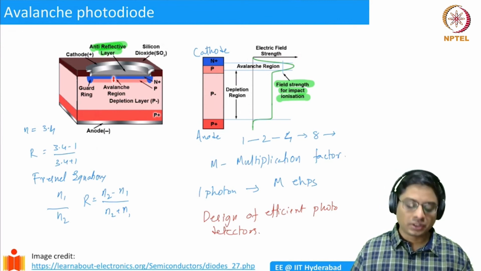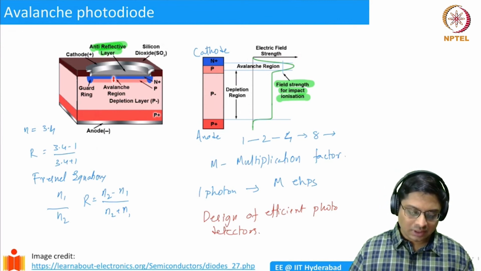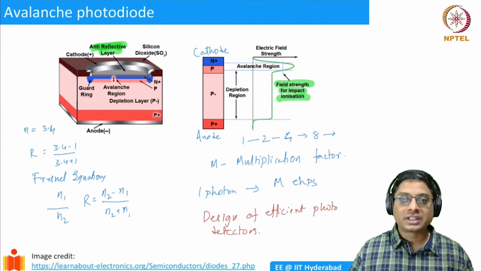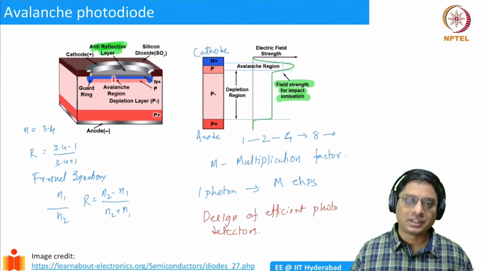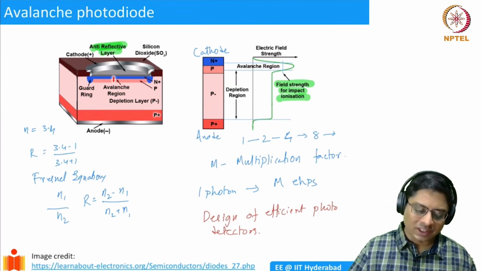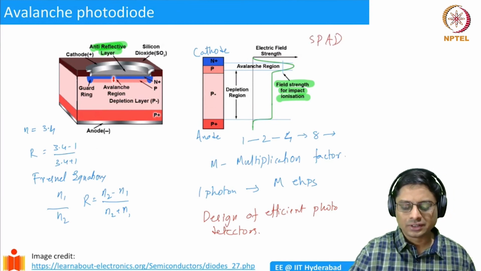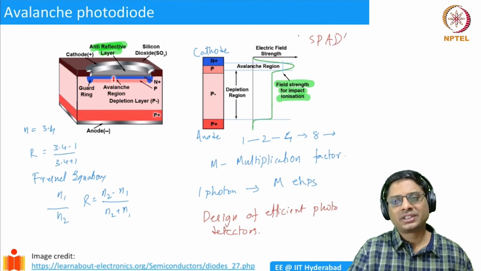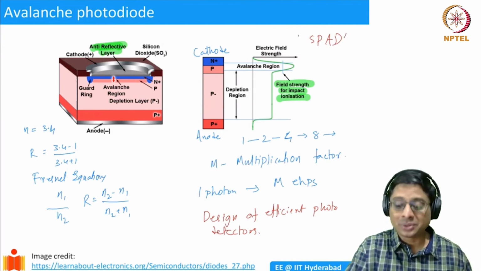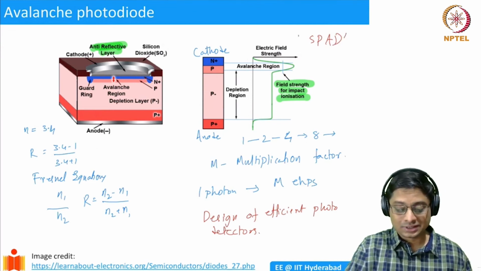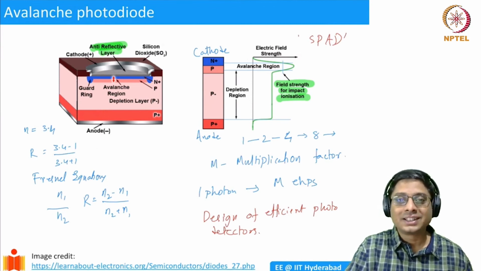And nowadays, we even have photodetectors which can detect at the single photon level. We have built them, and we call them SPADs, single photon avalanche photodetectors. These are photodetectors which are designed very carefully to detect single photons, and they can be very costly.